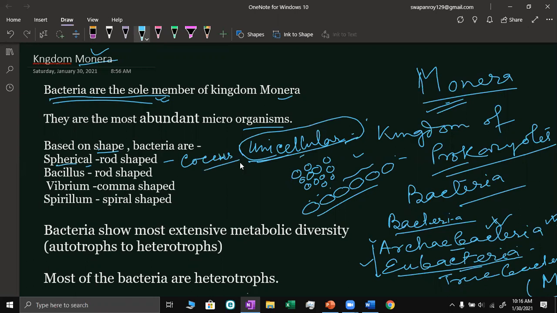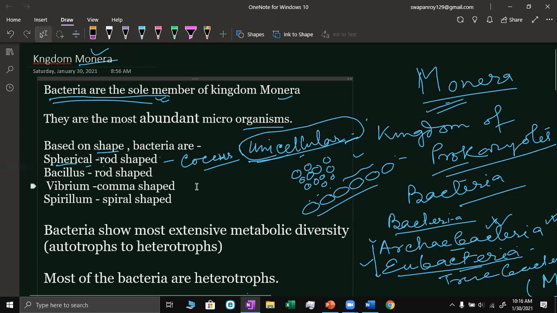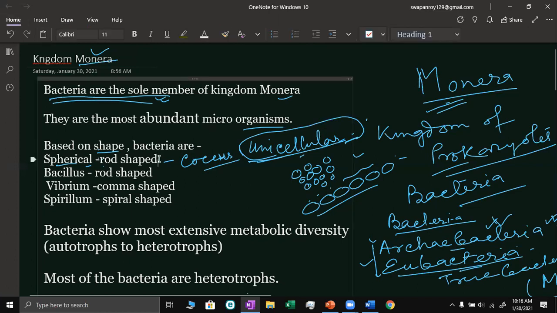Spherical bacteria is called coccus, and the bacillus is the rod-shaped bacteria. Vibrio is comma-like bacteria, and Spirillum is the spiral-shaped bacteria.